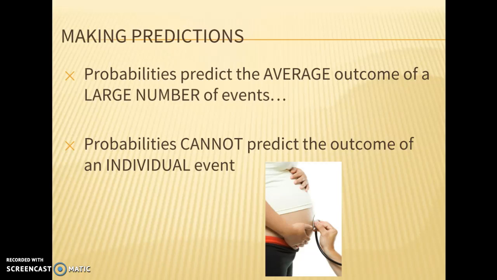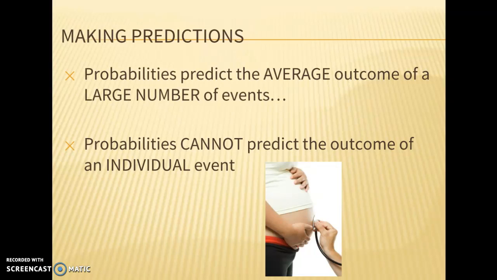Now, if you think about it, if you have brothers and sisters or a large family, like my brother and my sister both have large families. My brother has 4 girls and my sister had 4 boys. Every time there's an individual event, there's a 50% chance that you're either going to have a boy or a girl. So remember, probabilities can't predict the outcome of an individual event.